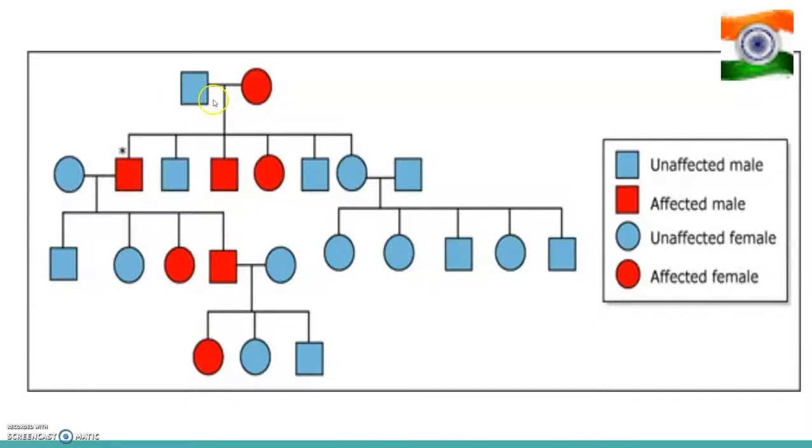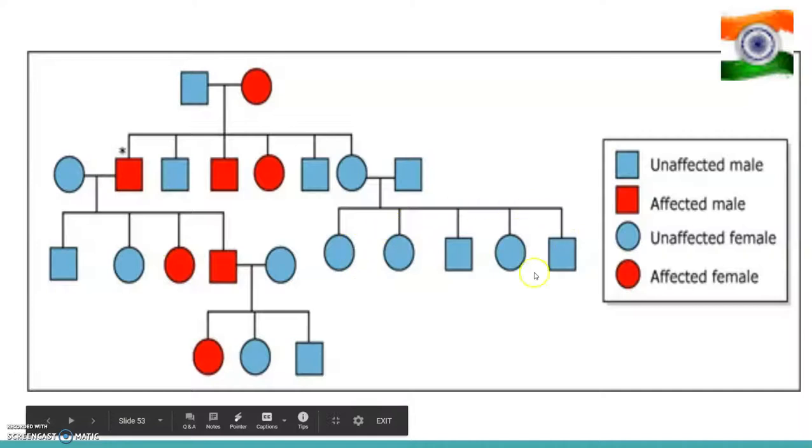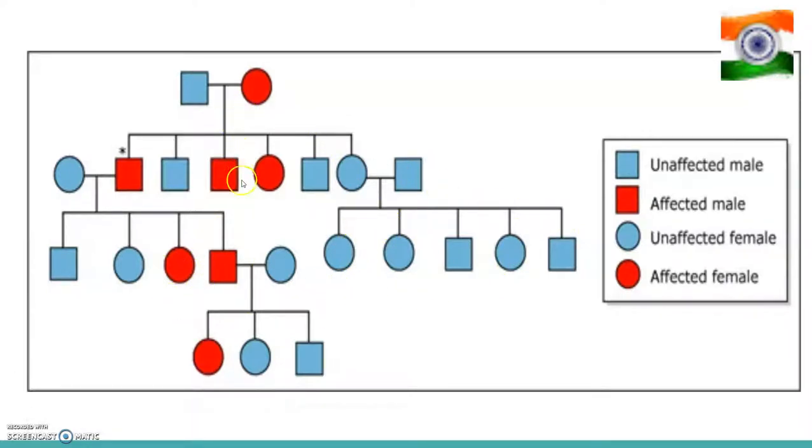Here we can see that when an unaffected male is married to an affected female, what are the possibilities in the first generation? We'll find that here the male is affected, here also an affected male, and one affected female is produced in the first generation. Now in the second generation, these are the possibilities of how that particular trait is inherited through the generations, which we can study through this pedigree tree analysis.